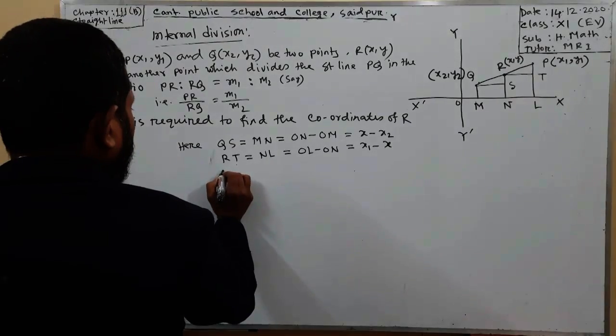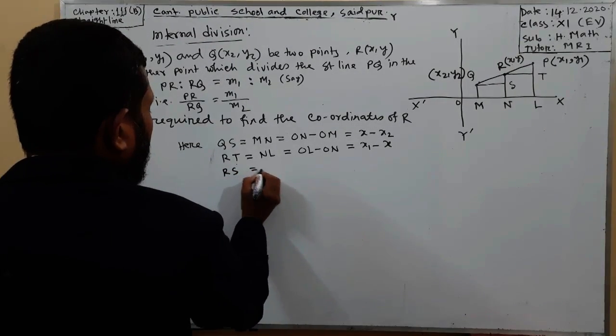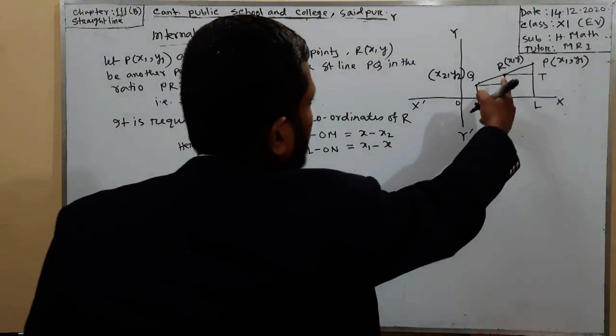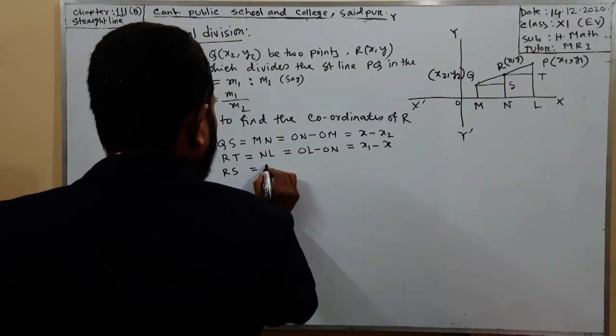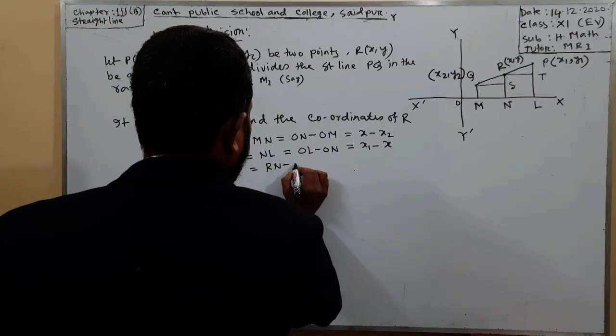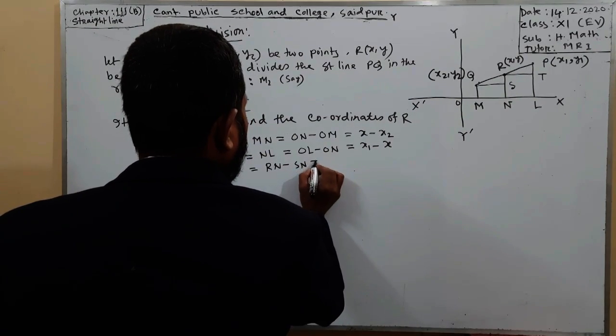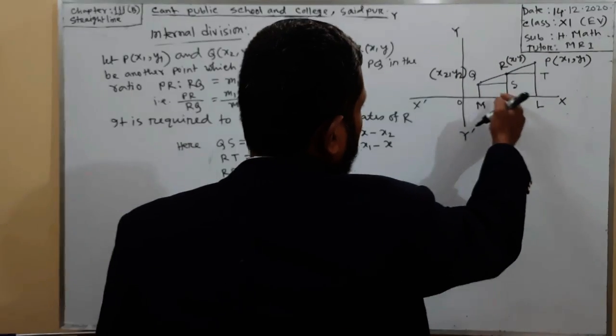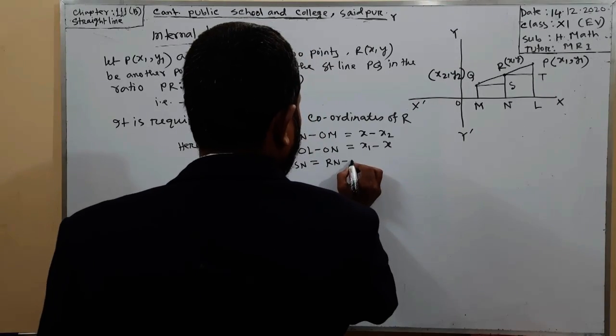RS is equal to RN minus SN, that is RN minus QM, since SN is equal to QM.